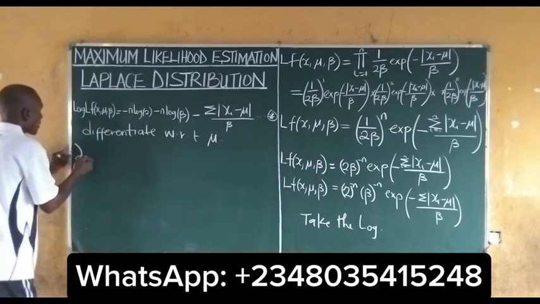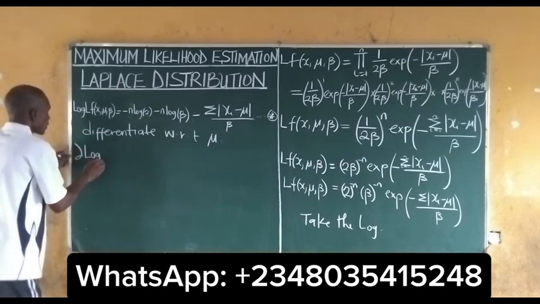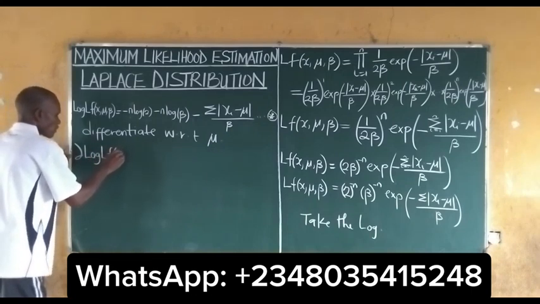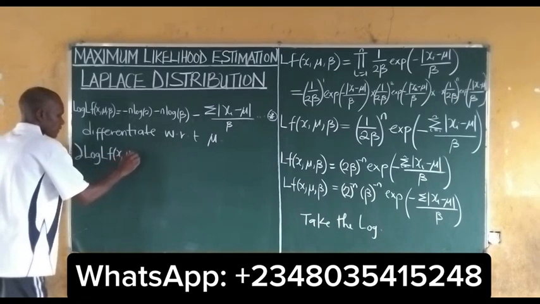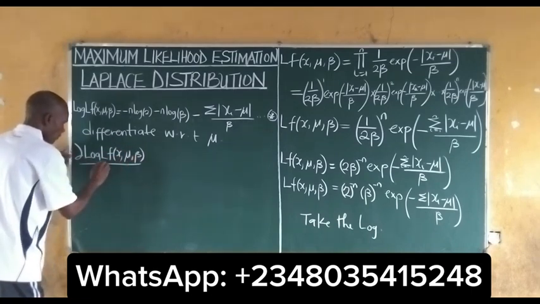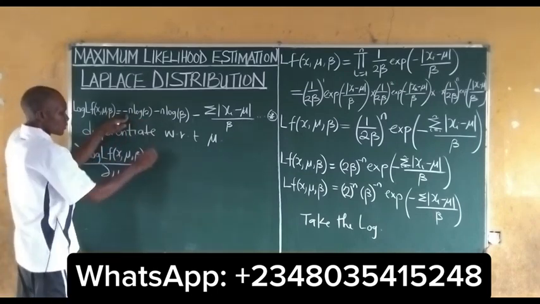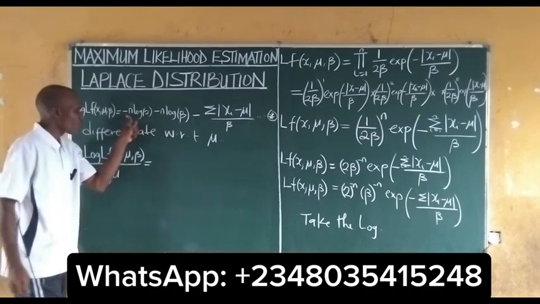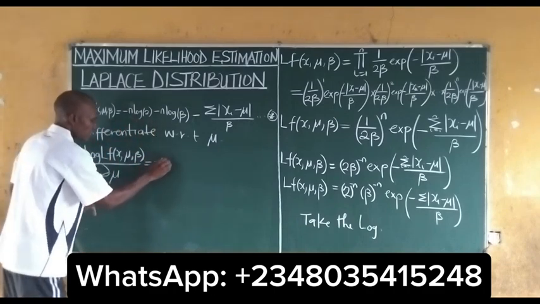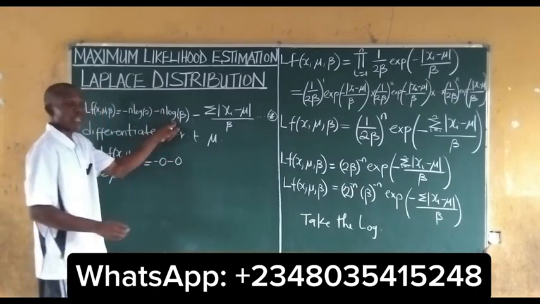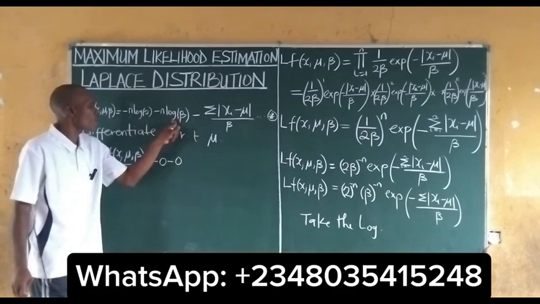So our partial derivative of the log of the likelihood function of the Laplace distribution is equal to, if we differentiate the first term, since there is no mu here, we get 0. If we differentiate the second term, the same thing, we get 0. There is no parameter for mu.